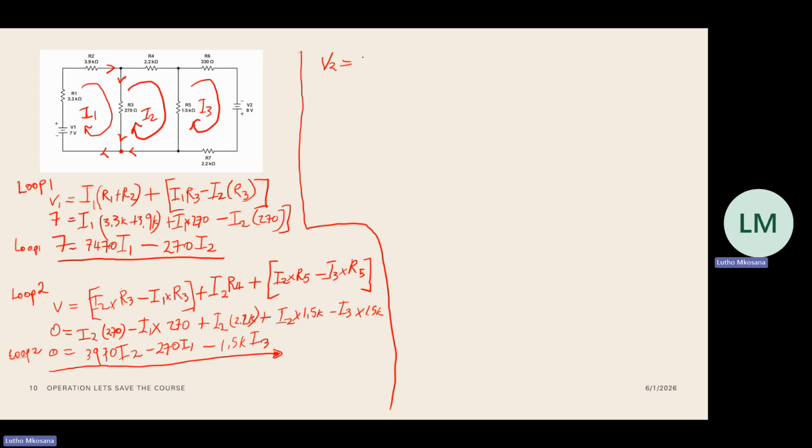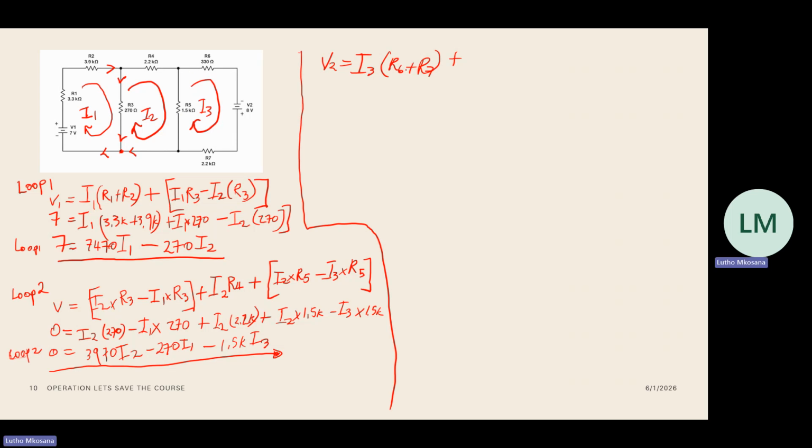Just going to say I3 times the sum of R6 plus R7, there are no other currents influencing it. Plus, if you look at this, there's I2 over there, and there's I3.